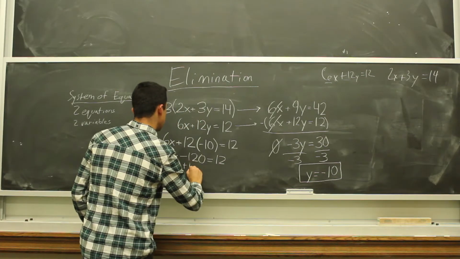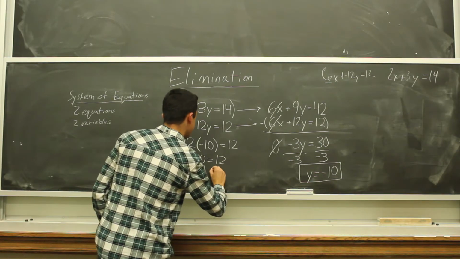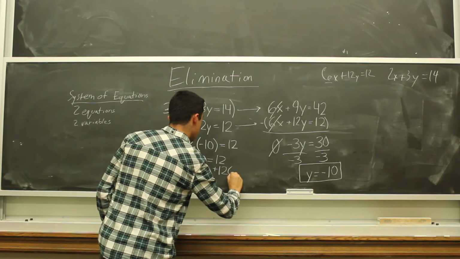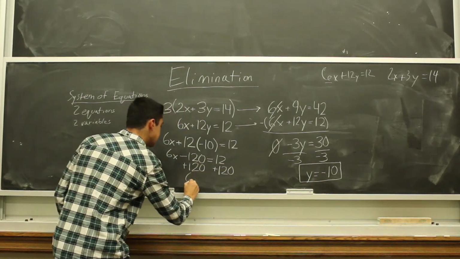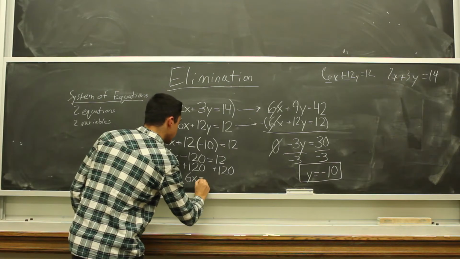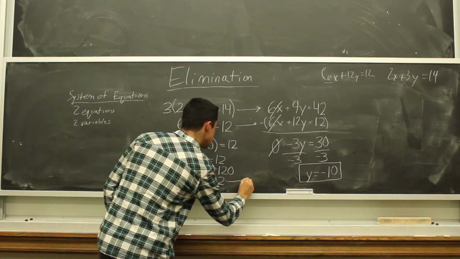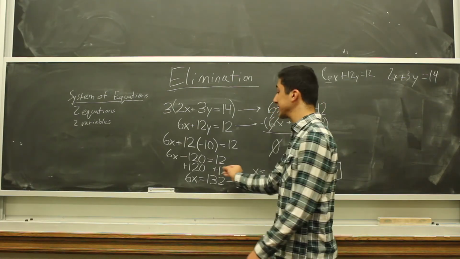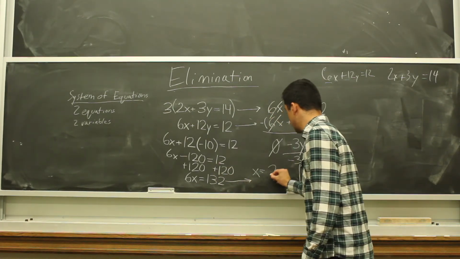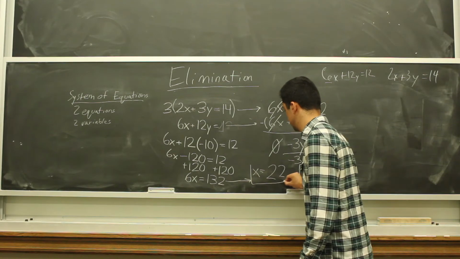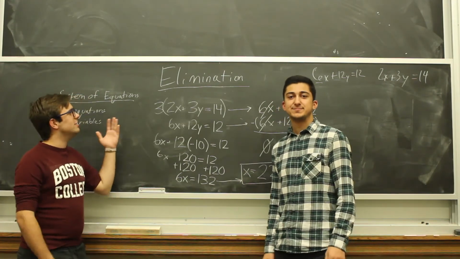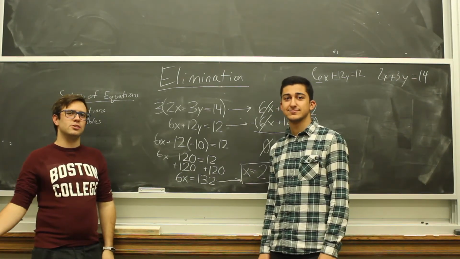Add the 120 to both sides. And we will have 6x equals 132, which means, so now when we work that out, we see that x is equal to 22.